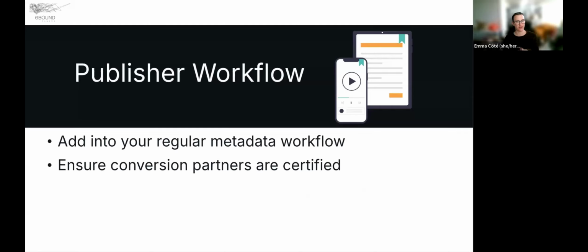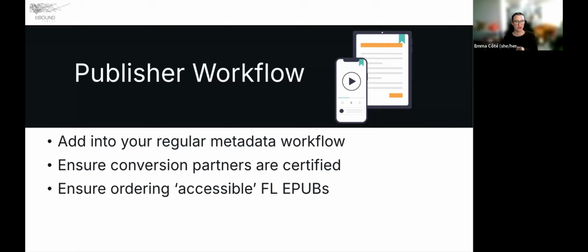You really want to make sure that you're adding this to your workflow and ensure that the conversion partners you're working with are certified. When you do order your fixed layout EPUBs, make sure that you're using the terminology of, can you make this as accessible as possible? You can give them a screenshot of that list of all of the different features and say, make sure that these are added.